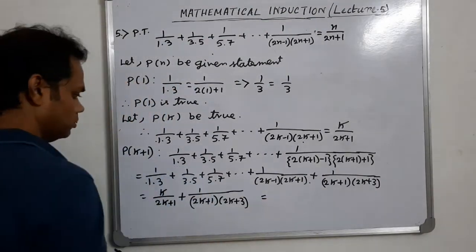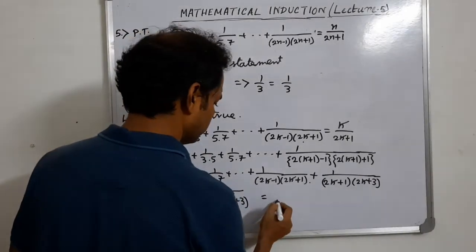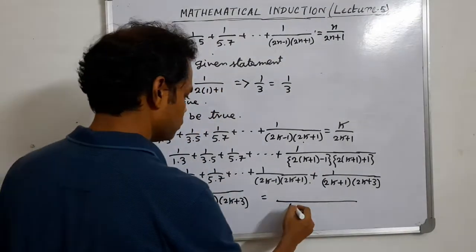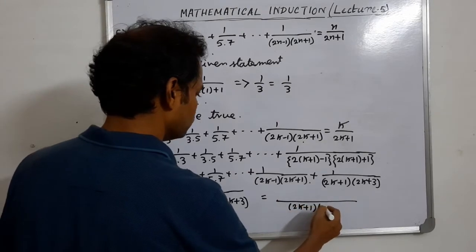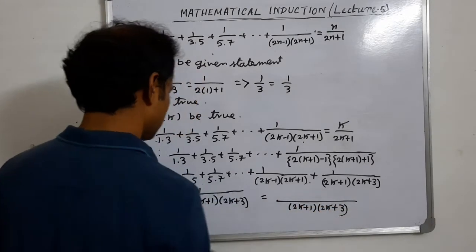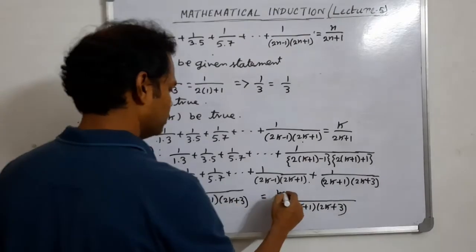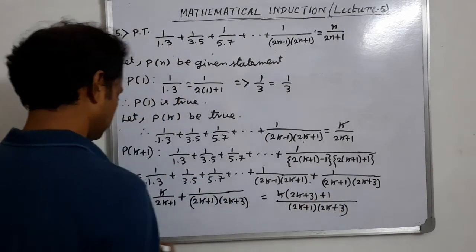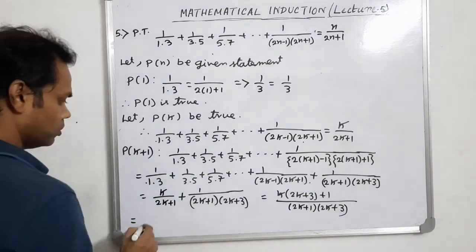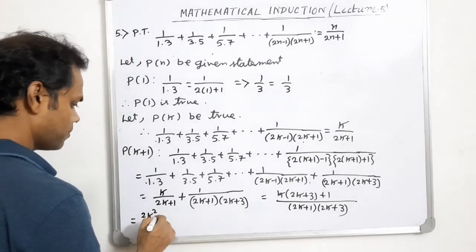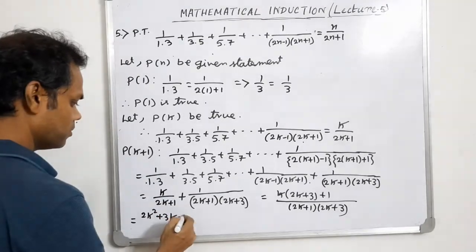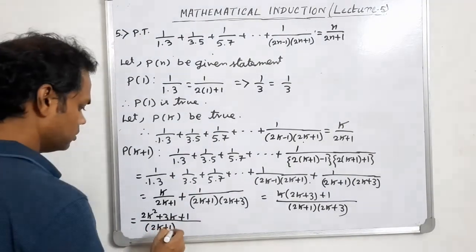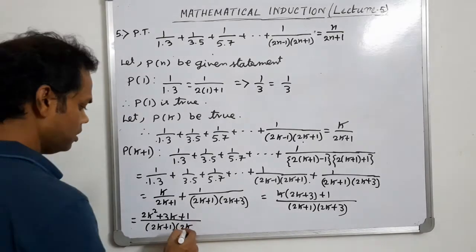Now the LCM of these two denominators is (2k plus 1) into (2k plus 3). So we get k into (2k plus 3) plus 1, that is (2k square plus 3k plus 1) by (2k plus 1) into (2k plus 3).